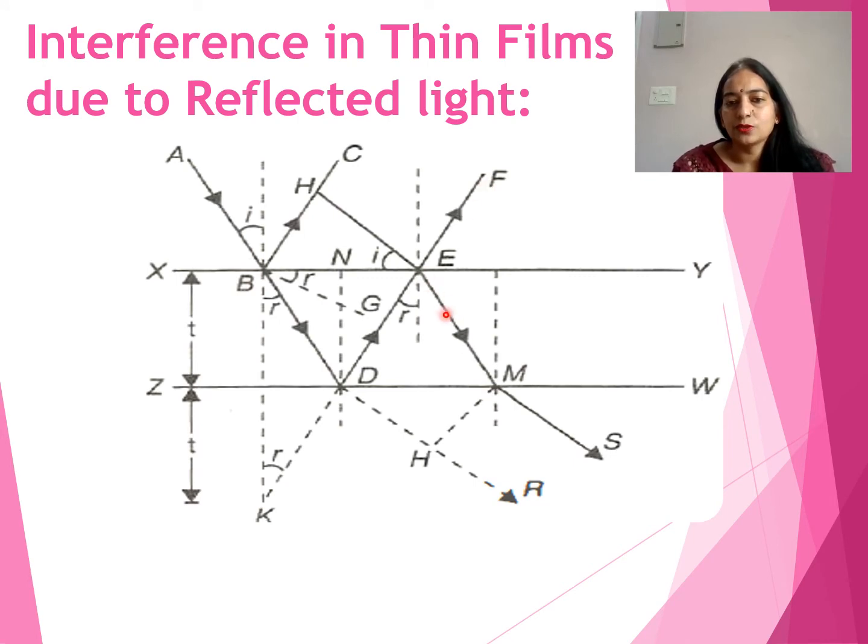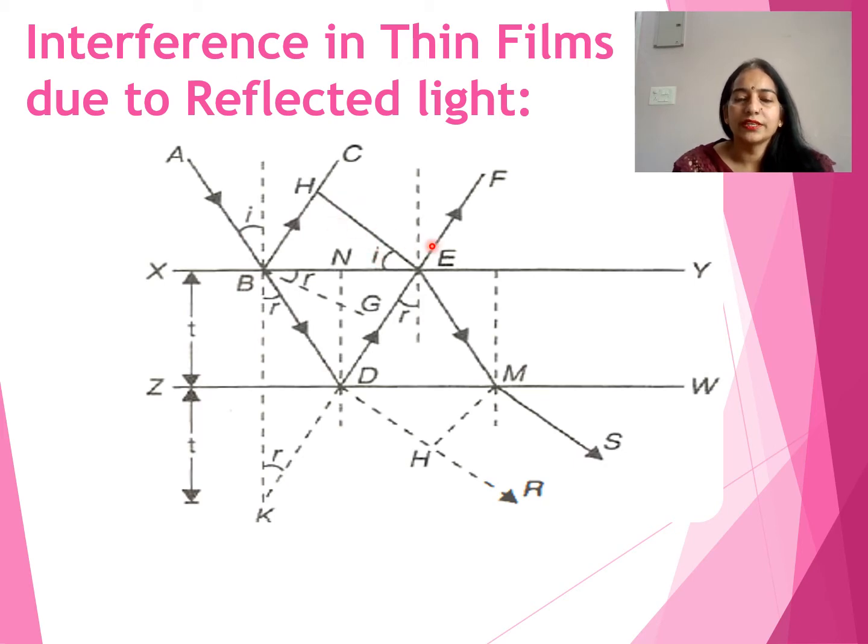EM light is also divided at the lower surface at point M. One part is reflected light, and one light emerges out in the MS direction. So from this figure, you can see DR and MS are the transmitted components of light, whereas BC and CF are the reflected components of light.